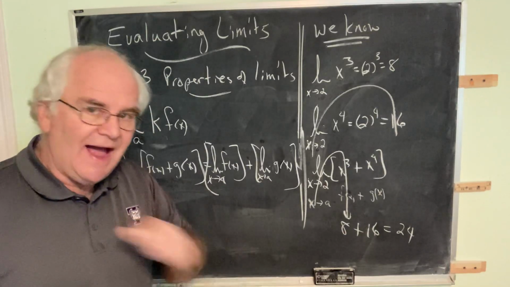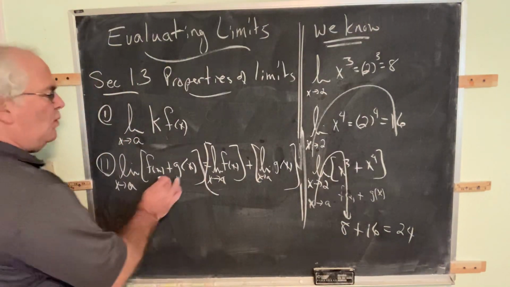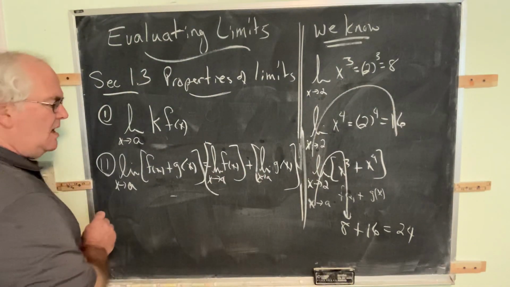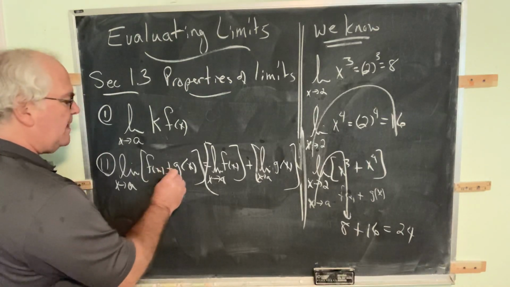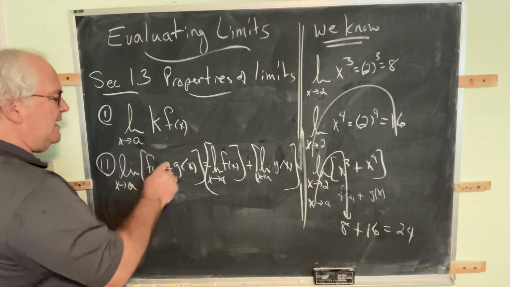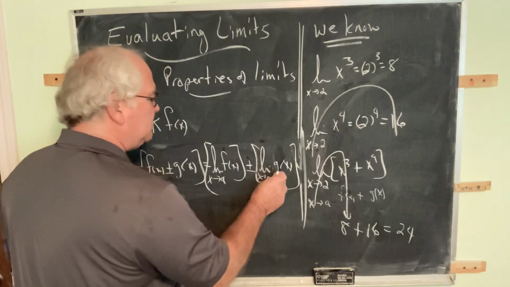And once we have that, then the next one is very easy. It works with plus. It also works with minus. Rather than write a brand new rule here, what I'm going to say is plus or minus. The limit of f of x plus or minus g of x is the limit of f plus or minus the limit of g of x.